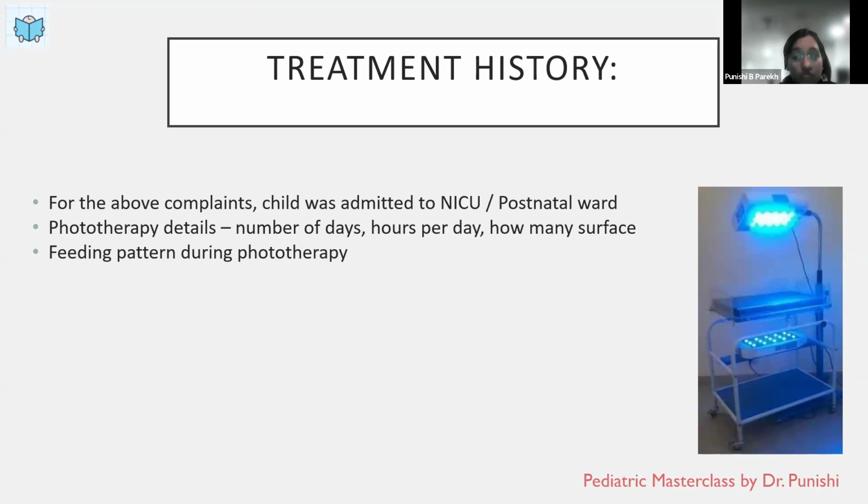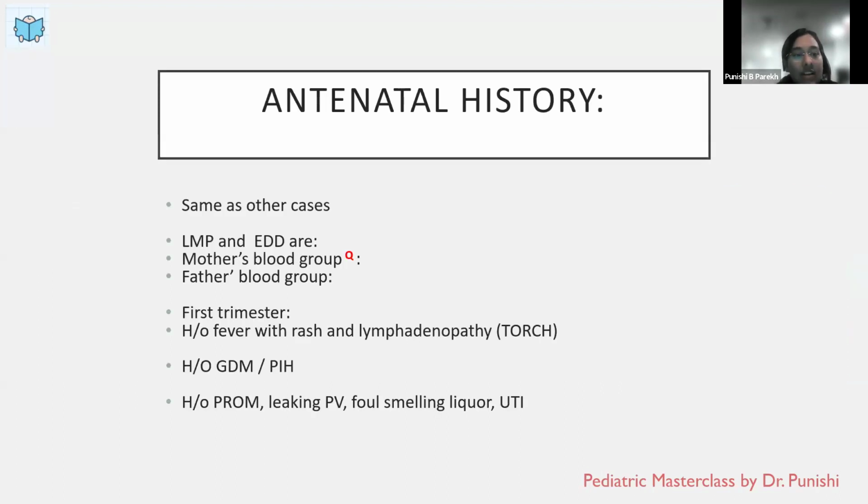Okay, so that's about your treatment history. Now, in the antenatal history, I'll quickly go over the points that are pertinent and important to a case of newborn jaundice. So, LMP-EDD, and what is most important over here is the mother's blood group and the father's blood group. Why? Because the most common cause of neonatal hyperbilirubinemia is hemolytic jaundice, and out of that, ABO and RH incompatibility are very commonly encountered.